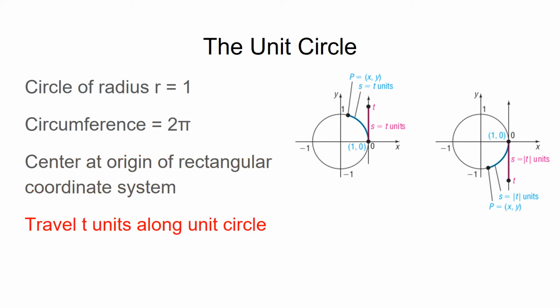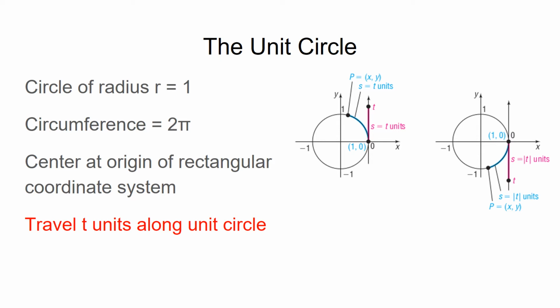Now let's say we want to travel t units along the circumference of the unit circle, beginning at 1, 0. The figure on the left shows a ray in red of length t beginning at 1, 0 and pointing straight up from there. And the figure on the right shows the same ray beginning at the same point, pointing straight downward.